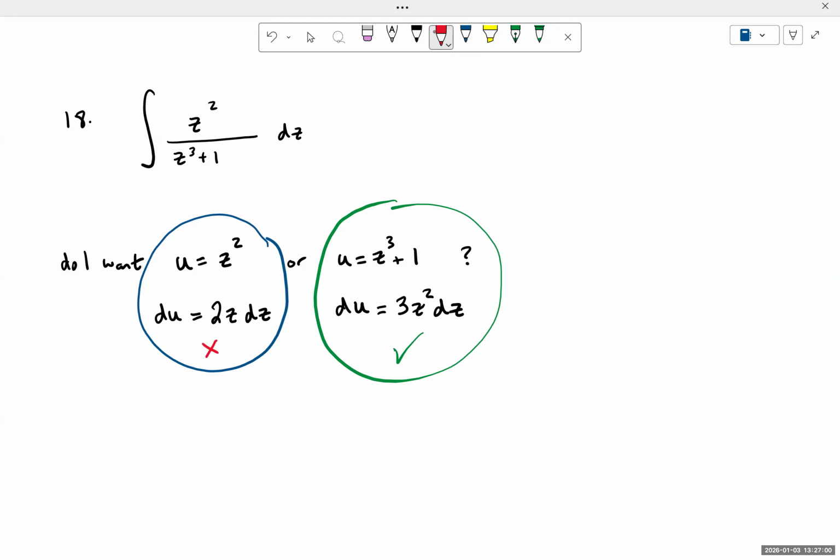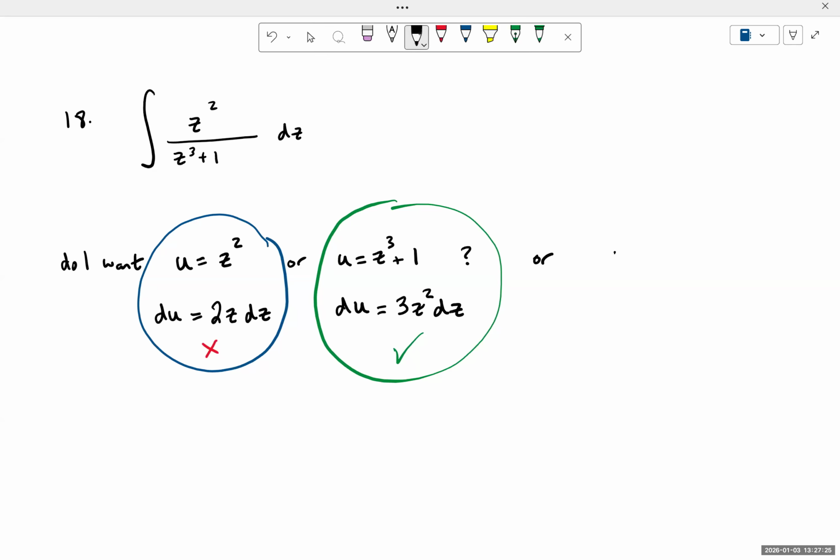Now, you'll notice also that I chose not just the z cubed, but the z cubed plus 1 there. If you put z cubed, it would simplify, but you'd still have something with a plus 1 in the bottom. I think you can totally do it that way. It'll do the same thing. So that one we'll put as an alternative.